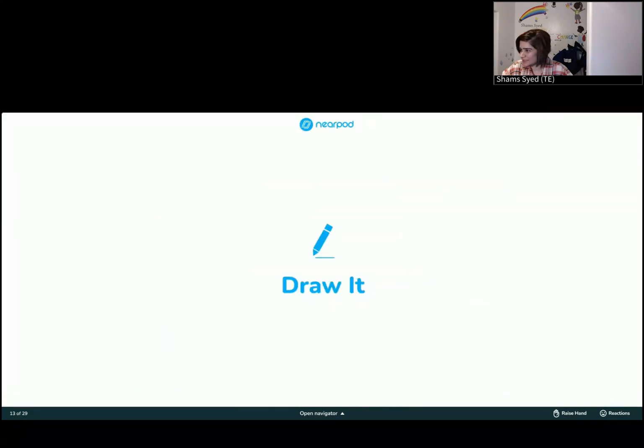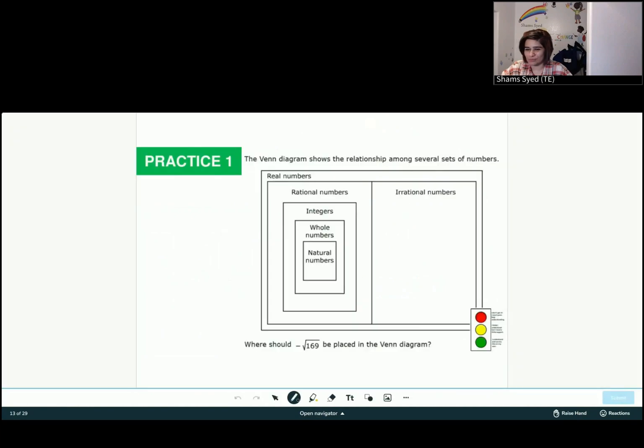But for our class, we focus on more rigorous questions. This question is coming from the STAAR test. Can you guys read this number? I'm going to pause and wait to see. Do you guys know how to read this number?